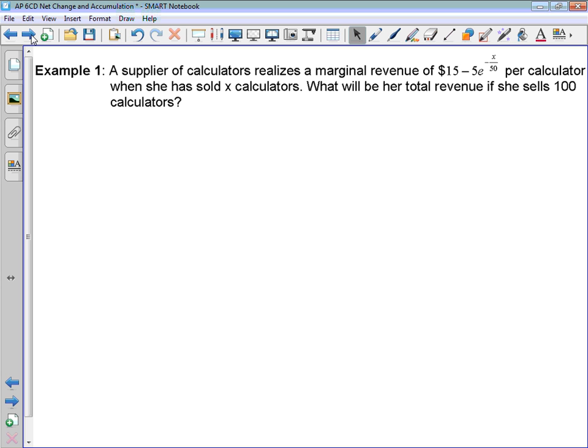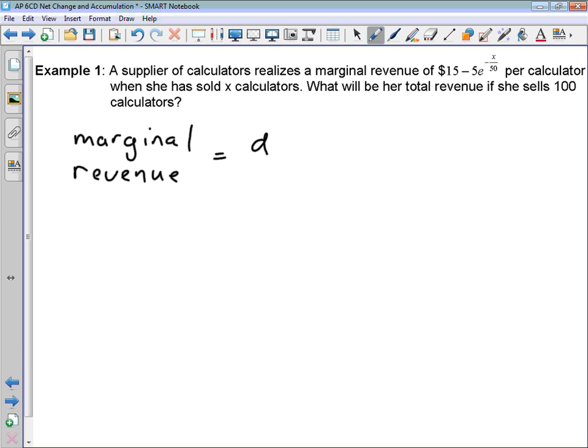Okay. So what they're giving us in this question is marginal revenue. What does marginal revenue mean? Well, it is the rate of change of revenue at a specific level of production.